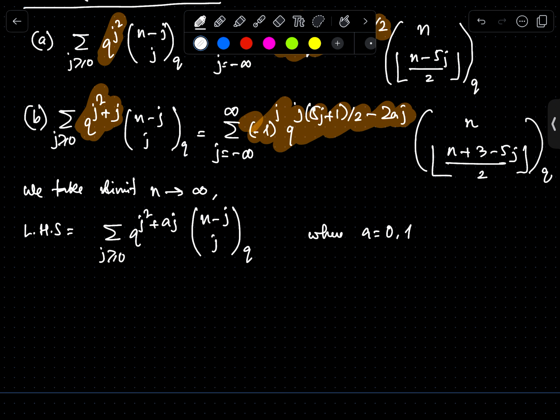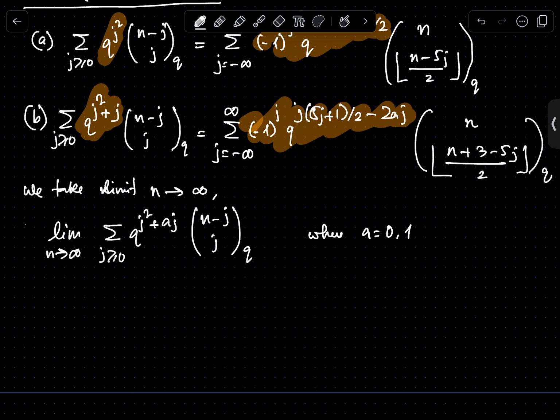If it is 0, then we get the left-hand side of the first identity, and if it is 1, we get the left-hand side of the second identity. Actually, we want to take the limit, so I should have written the limit of the left-hand side.